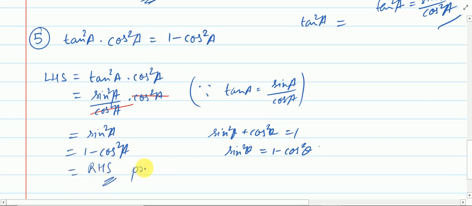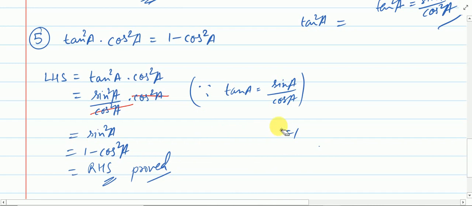Done. So this is proved. And you should write the reason over here, since sin square theta plus cos square theta is equal to 1. So this was question number 5.